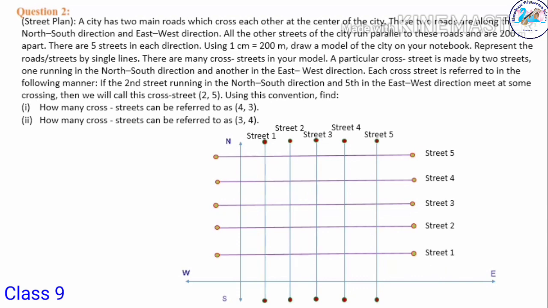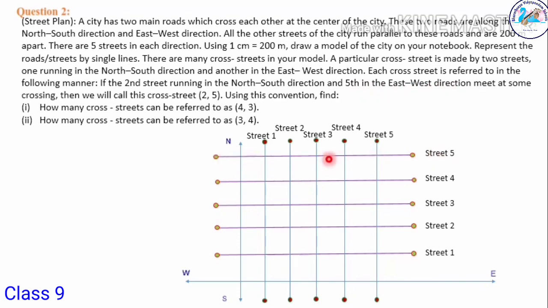And there is one example given to you. The second street running in the north-south direction, so north-south direction is this one and the second street is here, and the fifth in the east-west direction, the fifth one is here.